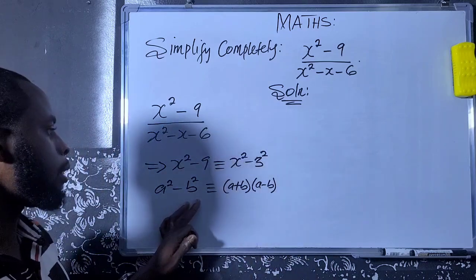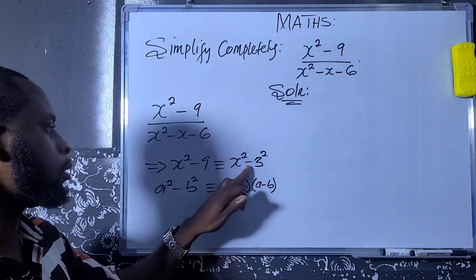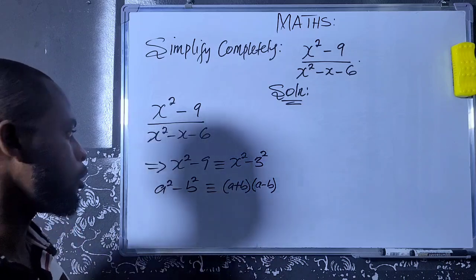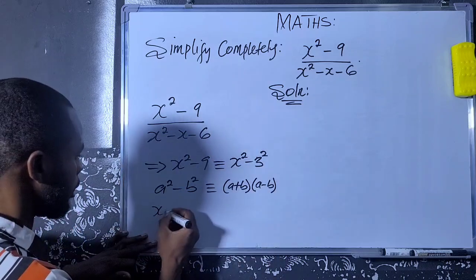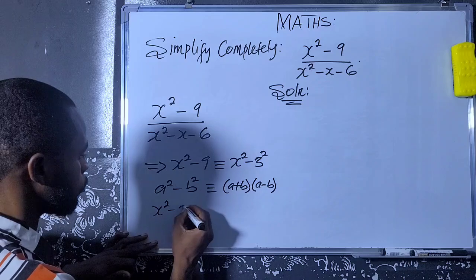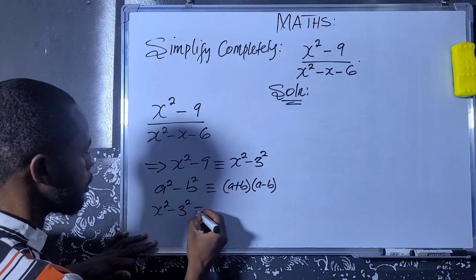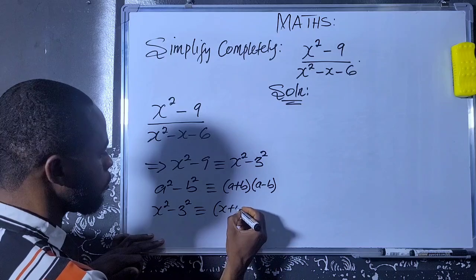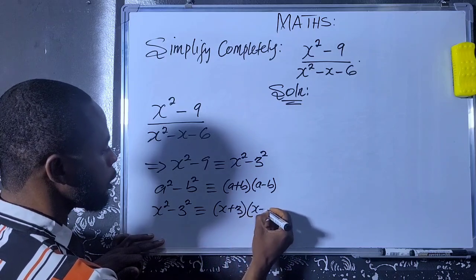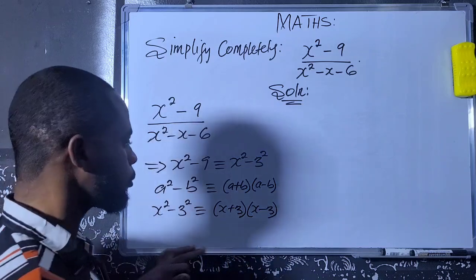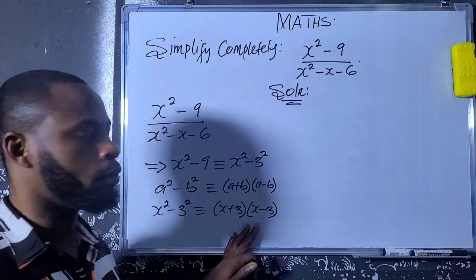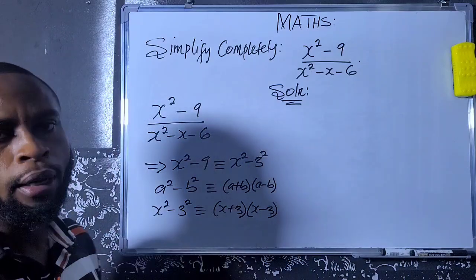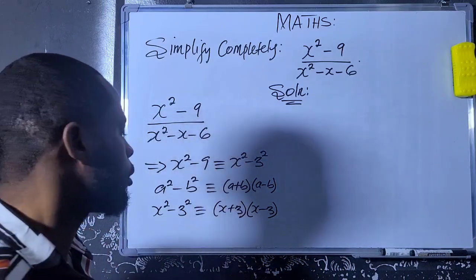We are going to apply this identity right here. And if you do that, you're going to have here that x squared minus 3 squared is equivalent to (x plus 3) times (x minus 3). This is the simplified form of this expression in the numerator.